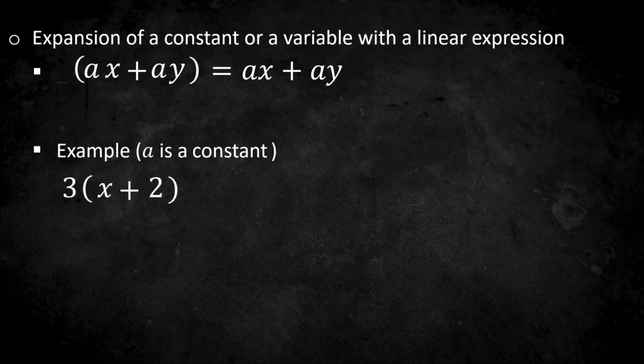Looking at the example, it is an expansion of a constant, 3, with a linear expression, x plus 2. The constant, 3, has to multiply by x and multiply by 2. After simplifying, the result of the expansion is 3x plus 6.